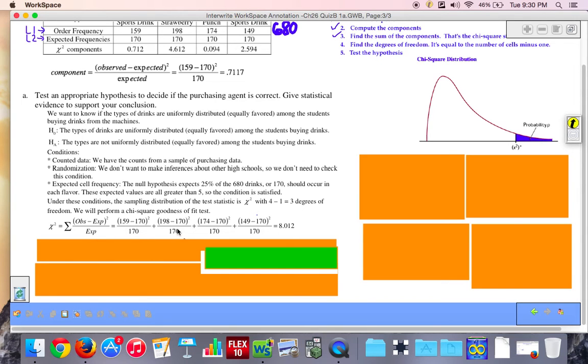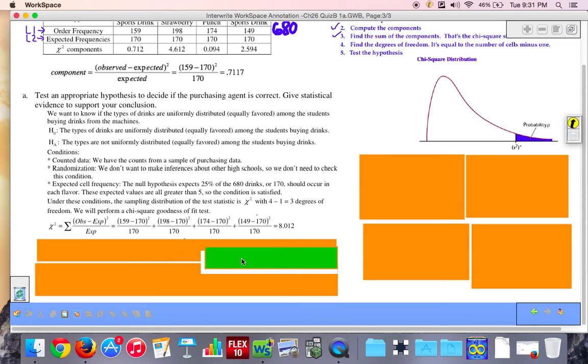If you add up the individual components, you get a sum of 8.012. This is our chi-squared value, or our chi-squared statistic. A large chi-square value means lots of deviation from the hypothesized model. Therefore, we expect to get a small p-value.